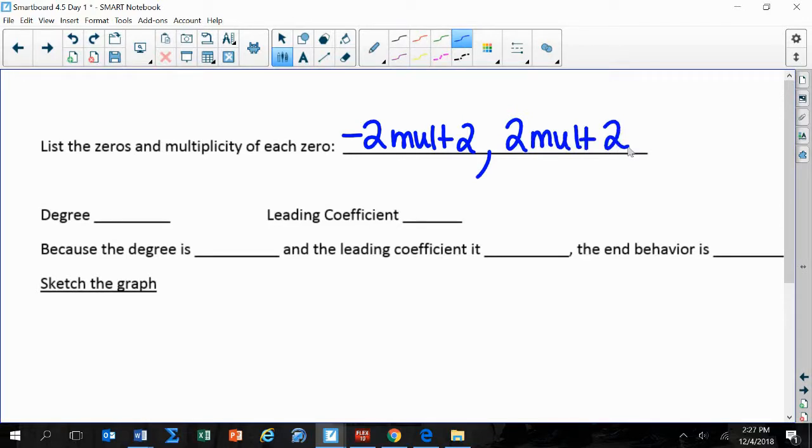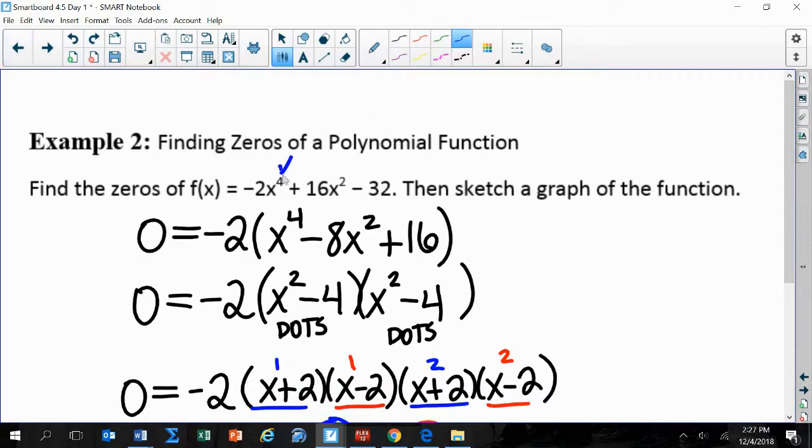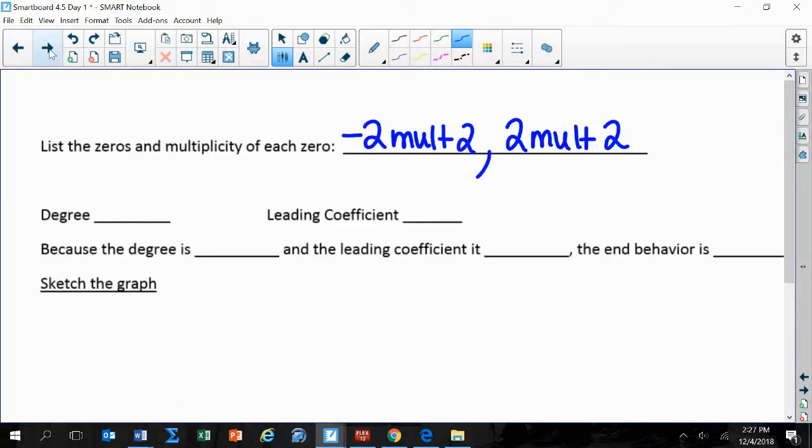What was the degree of my polynomial? It is a degree 4 polynomial with a leading coefficient of negative 2.